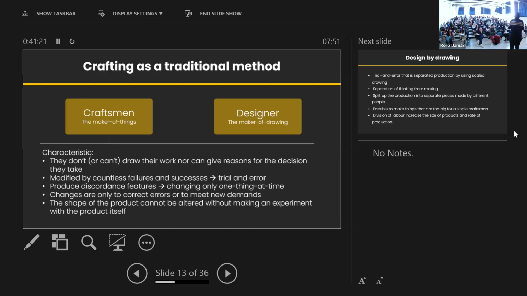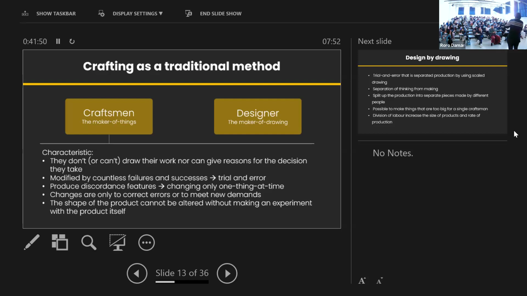Okay, let's read it, yeah. Craftsman is the maker of things, and designer is the maker of drawing. Why? Because craftsmen usually use a trial and error process, while designers use the trial and error process in the drawing, in the plan.